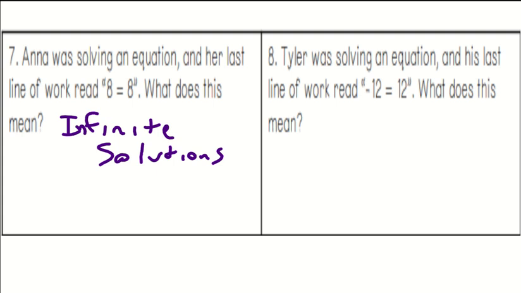Number 8, Tyler there, he gets a negative 12 equals 12. What's that mean? No solution. Even though we've got 12s on both of those, the sign matters. Negative 12 and positive 12 are not the same number. Okay? Any questions?